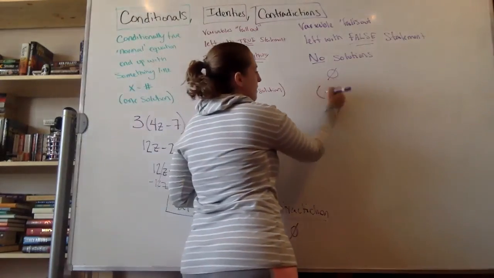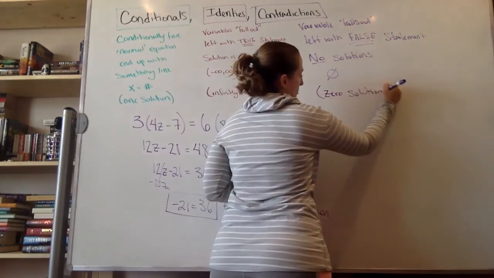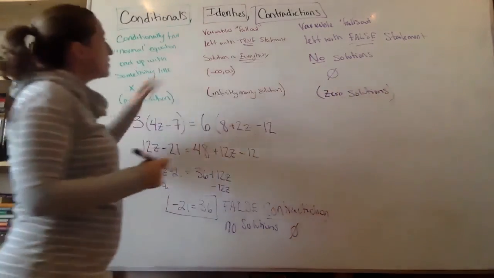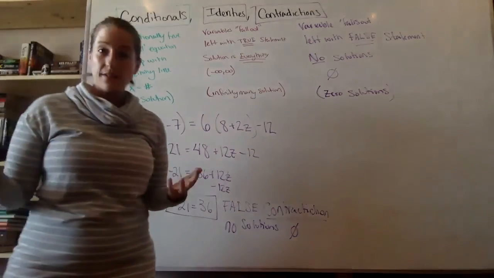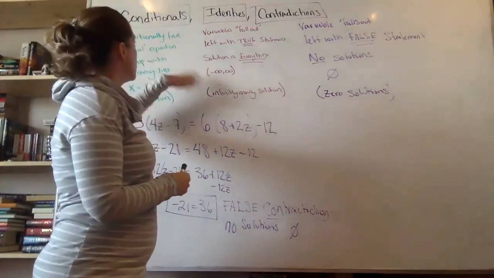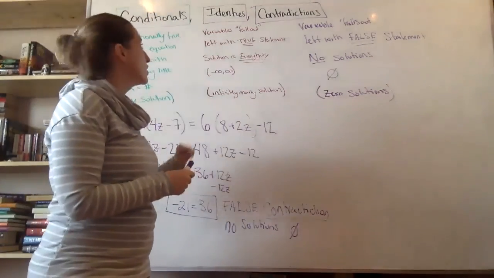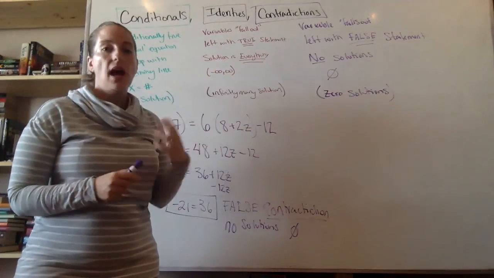But another way of thinking about this is there are 0 solutions or no solutions at all. Okay? So conditionals, identities, and contradictions, we'll see that we can classify any linear equation in one variable as one of these types. They're going to be conditional, have one solution, be an identity, have infinitely many solutions, or be a contradiction, have no solution.